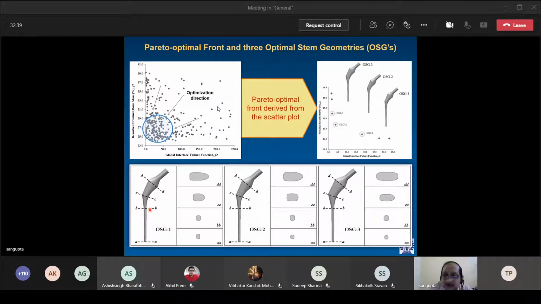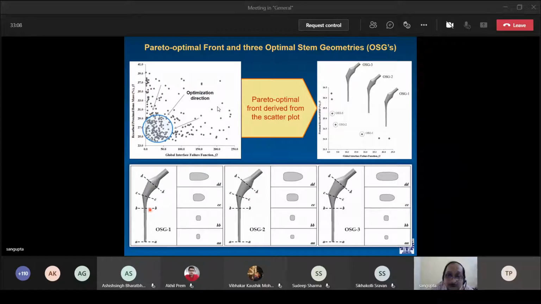Therefore, there may be some other functions where we can use long stem designs, but these mathematical or scientific calculations actually triggered the justification behind short stem designs of the hip implant.